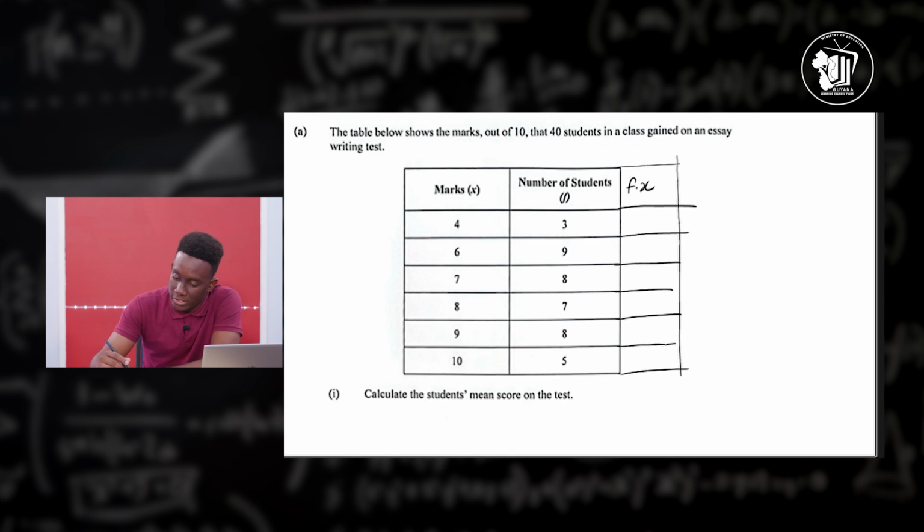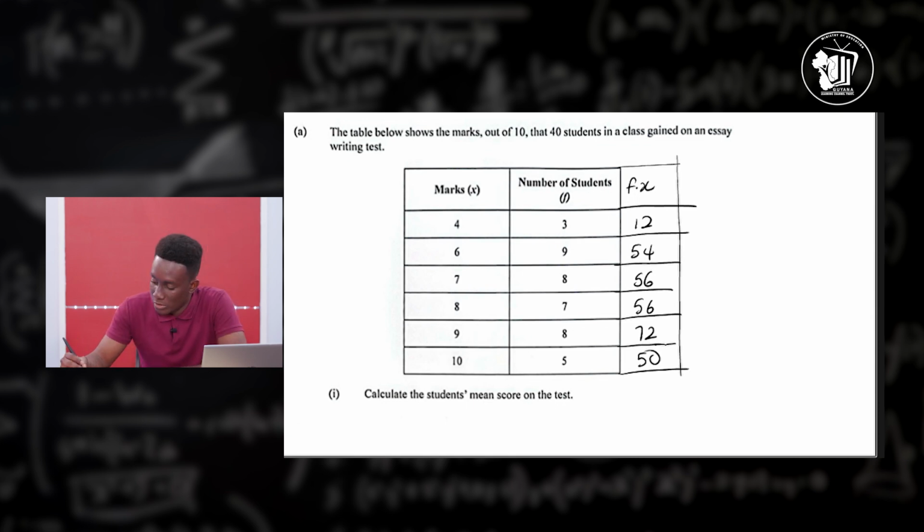So 4 times 3 is 12, 9 times 6 is 54, 7 times 8 is 56, 8 times 7 is 56, 8 times 9 is 72, and 10 times 5 is 50.